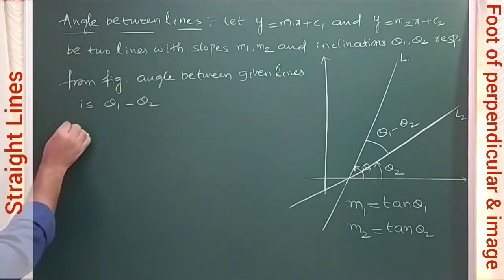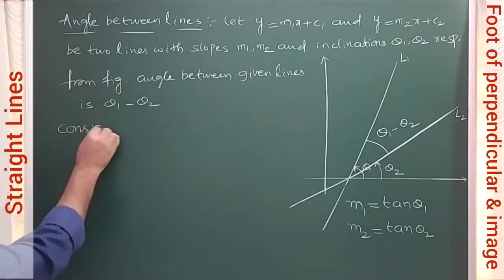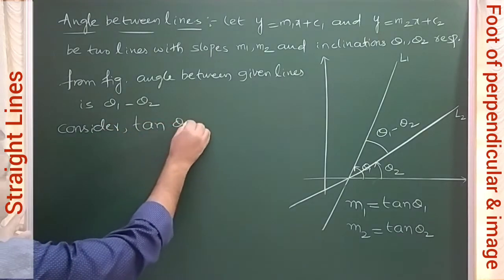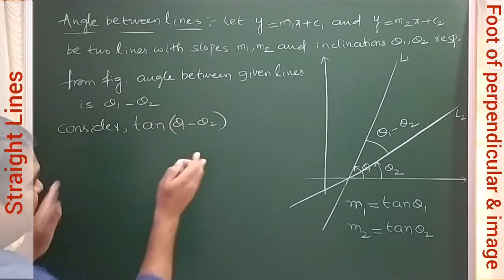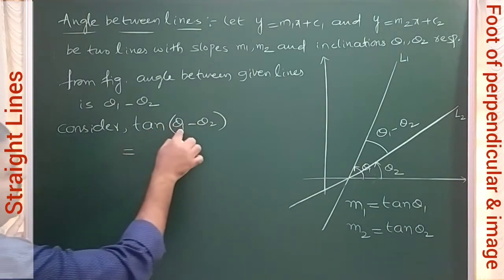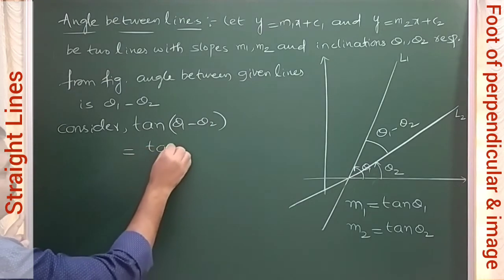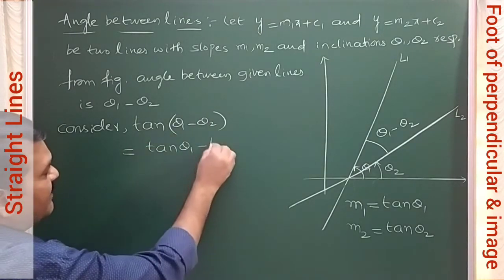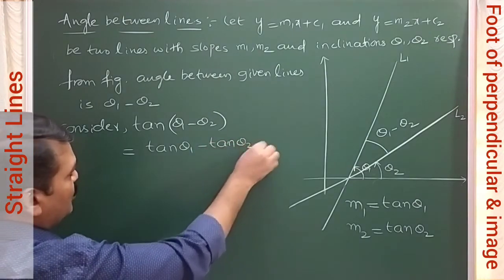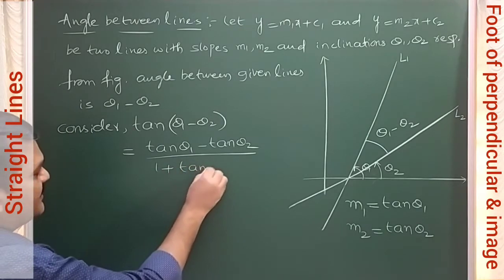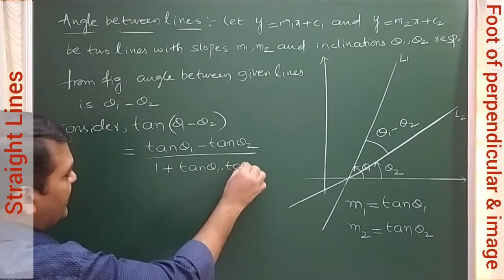So therefore, I will consider tan of theta 1 minus theta 2 first. I am taking this value to simplify. So use the tan of a minus b formula: tan theta 1 minus tan theta 2 by 1 plus tan theta 1 into tan theta 2.